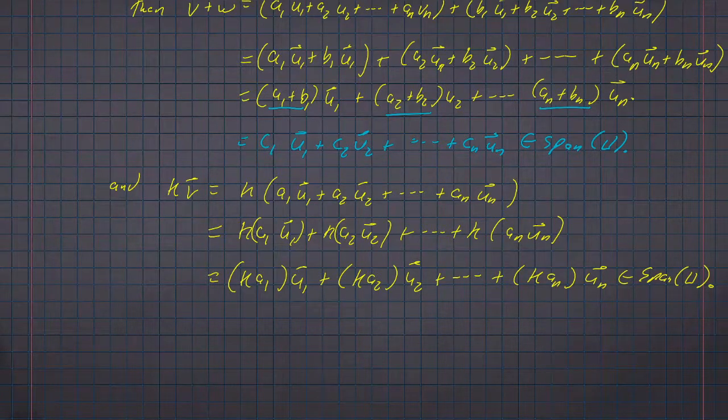This is another linear combination, so we are in the span. And those two things are what it takes to show that the span of a set of vectors is a vector space.